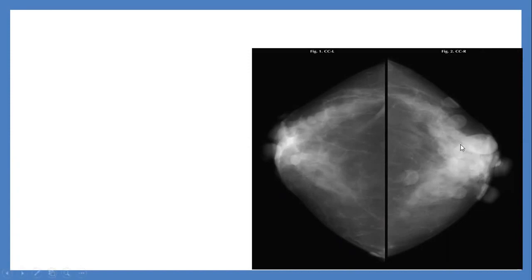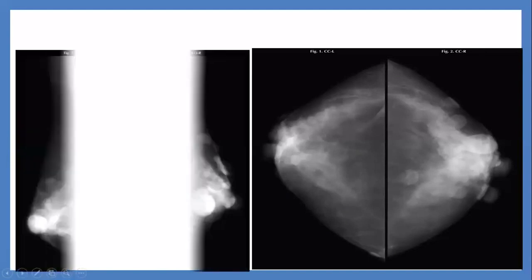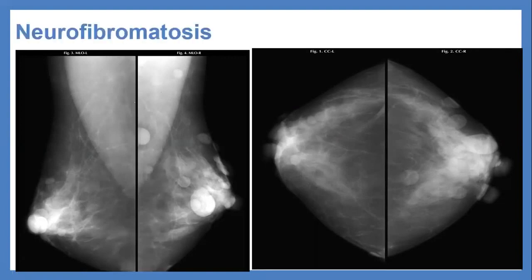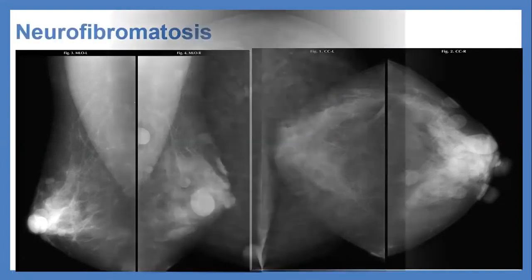Yes, here it attaches to the skin, while the area is surrounded by air, demarcated. You see? This is a case of neurofibromatosis. You have seen it before.